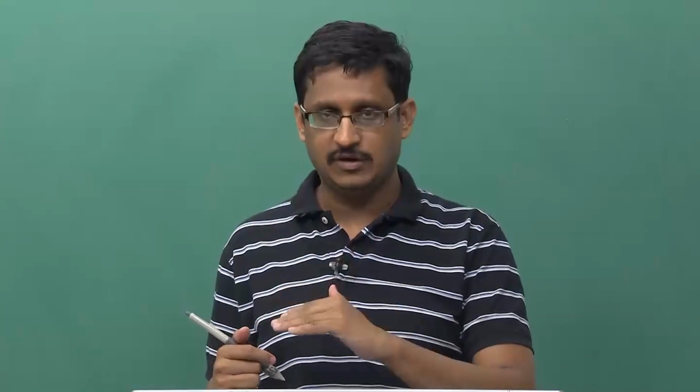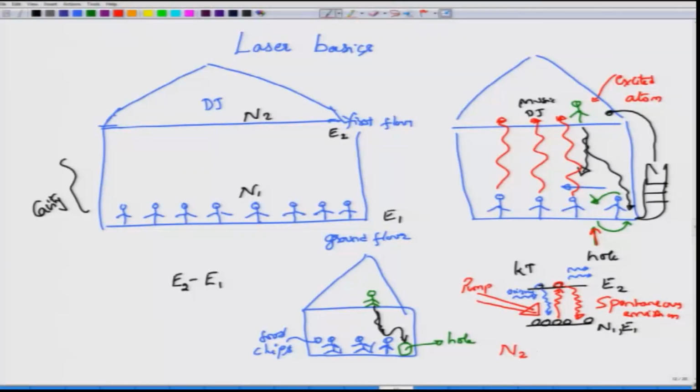Normally, the ground state is the one that is completely filled or mostly filled, and the population at the energy level E2 will be very sparse. When the temperature is non-zero, there is a certain relationship which tells you the population density that one can expect in the energy level E2: N2 will be something like N1 e to the power minus (E2 minus E1) divided by kT.